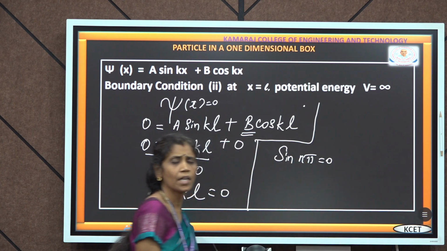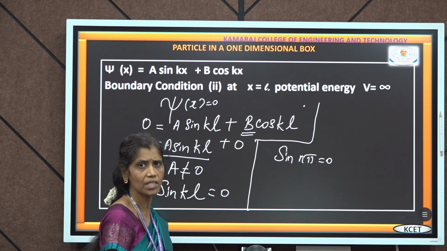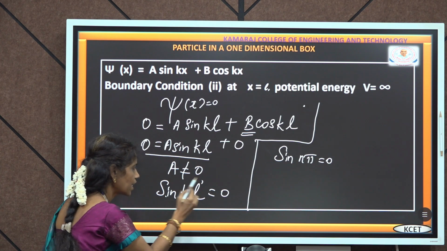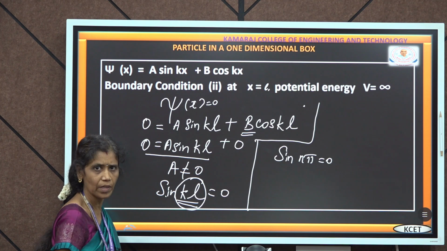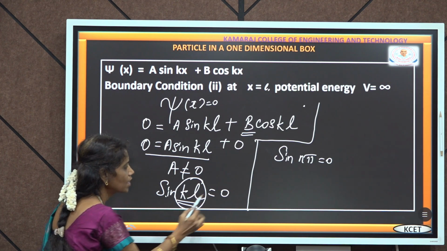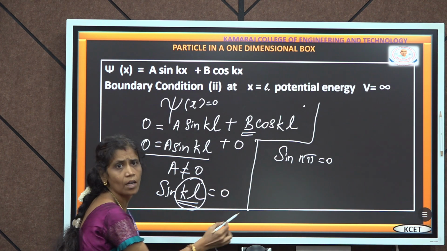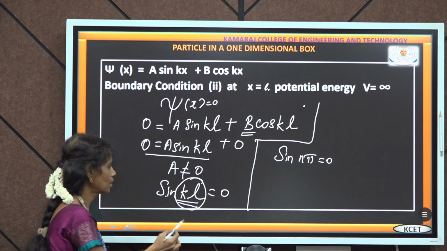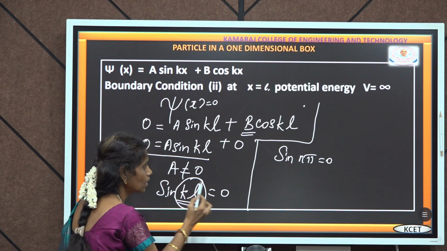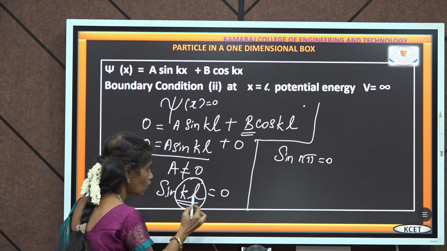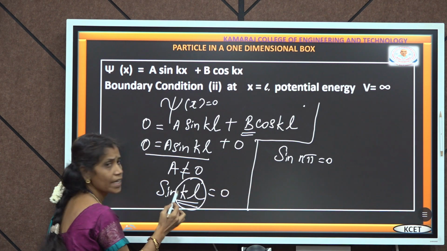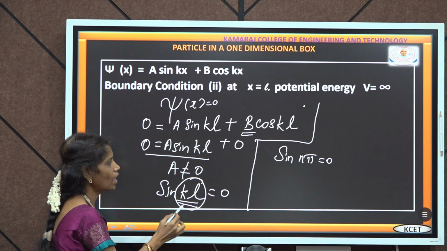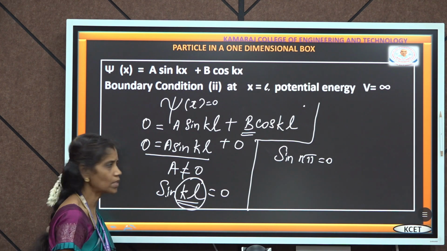We know that sin n pi is equal to 0. Hence, in this term, if we replace KL with n pi, then the sin 0 value will be the resultant. In this equation, if we replace KL with the n pi value, then we get sin n pi, or sin KL is equal to 0.